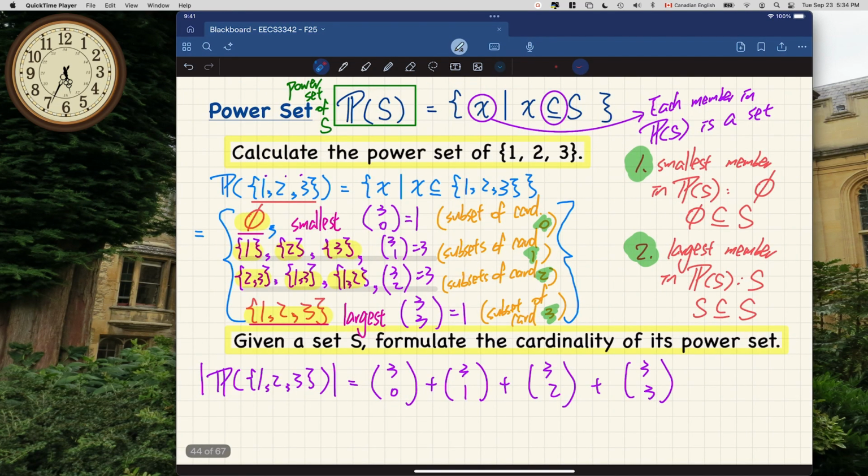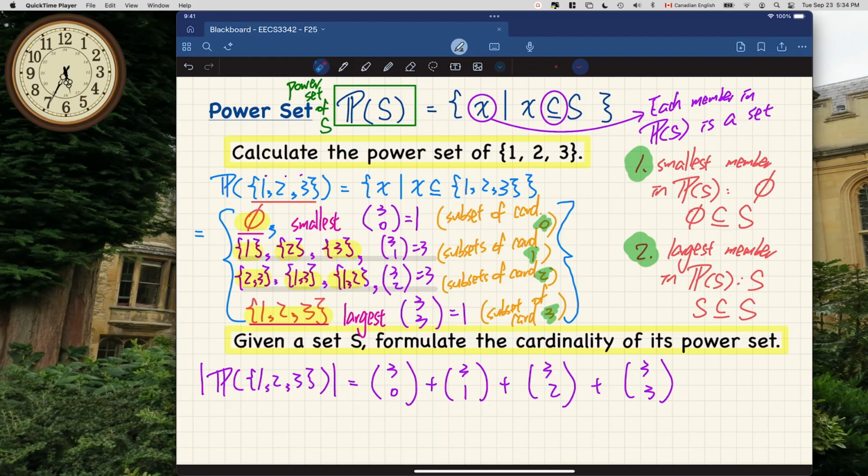Okay? And we talk about power set, right? The definition is the power set of a particular set, right here. We're going to revisit this notation again today when we talk about relations, okay? So when we say the power set of a set, it's all the subsets of this particular set S. Every member in the power set is another set, okay?